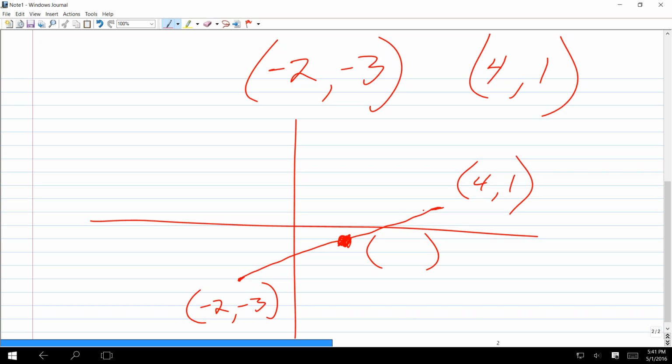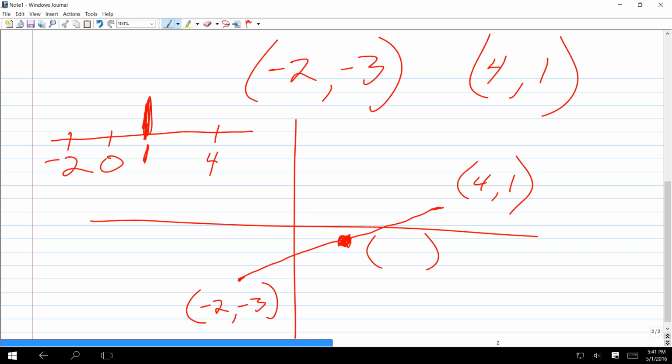Let me give you an easy way to do it. I really would like you to be able to put it on a number line. There's 4, there's 0, and there's -2. We're looking for this point right here.